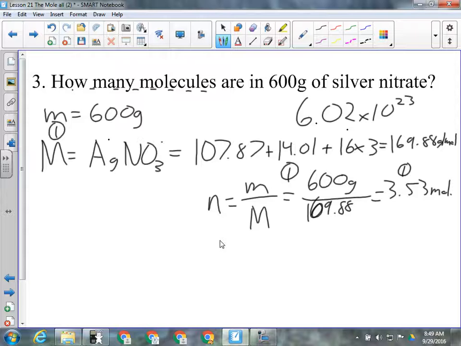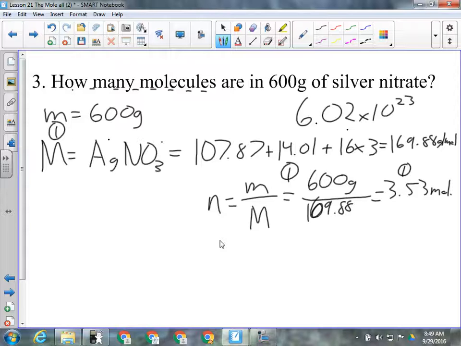Okay, so I have the number of moles, and I have Avogadro's number, which tells me the number of molecules in a mole. What can I do with those 2 numbers to find out the number of molecules in 600 grams? Right, you can multiply them together. In the same way that if somebody asked you how many donuts are in 4 dozen, you would go 4 times 12.